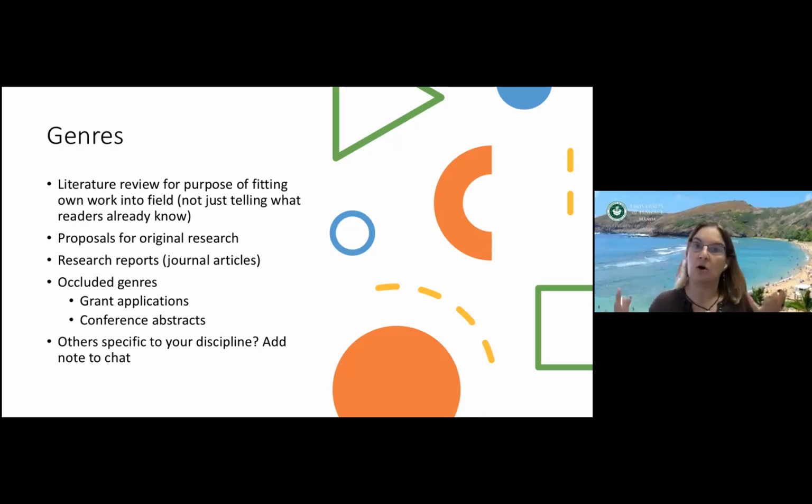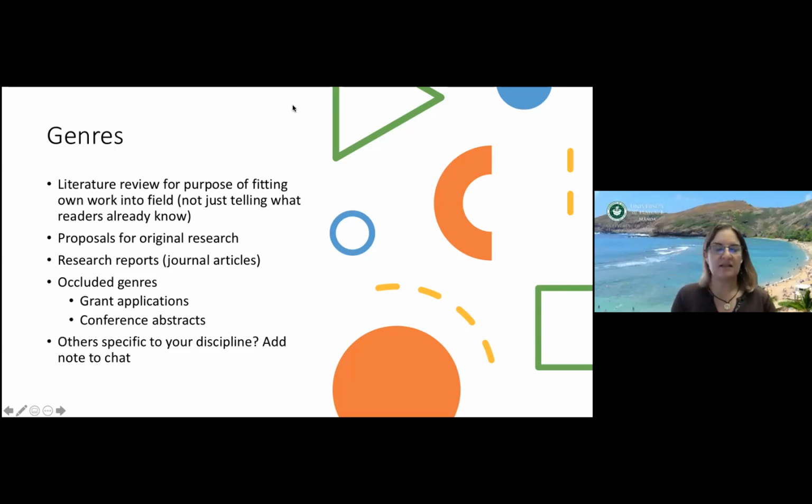Where does your own original work fit? It's not just to say, here's what we already know, but also here's what we don't know. And making a case for doing your own research. So then also writing a proposal, writing a research report, let's see, other things.